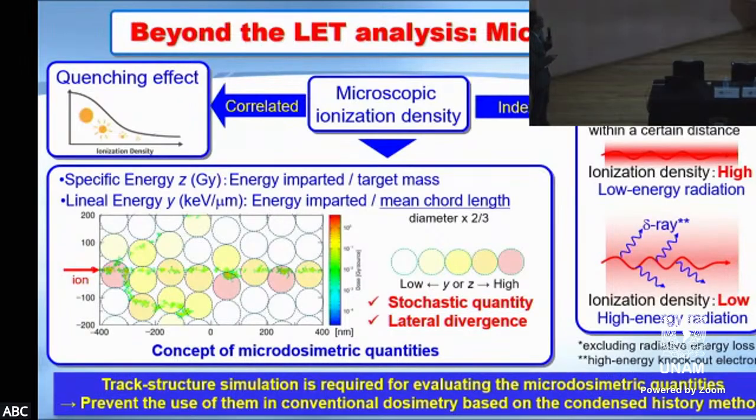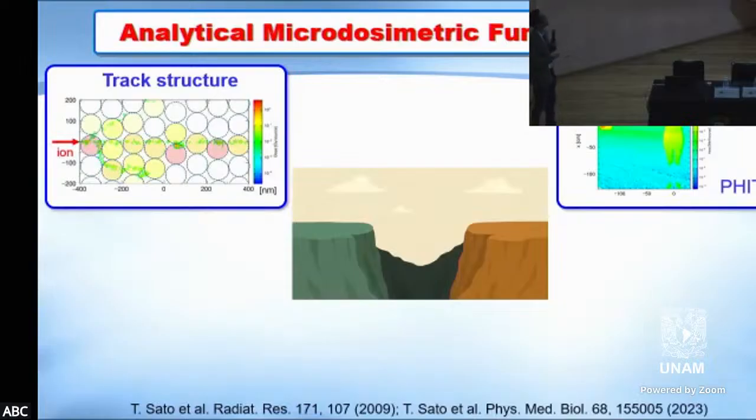However, to evaluate this kind of distribution, track structure simulation is required. And this cost prevents the use of them in conventional dosimetry based on the condensed history method. So we developed the analytical microdosimetric function, as I said before.